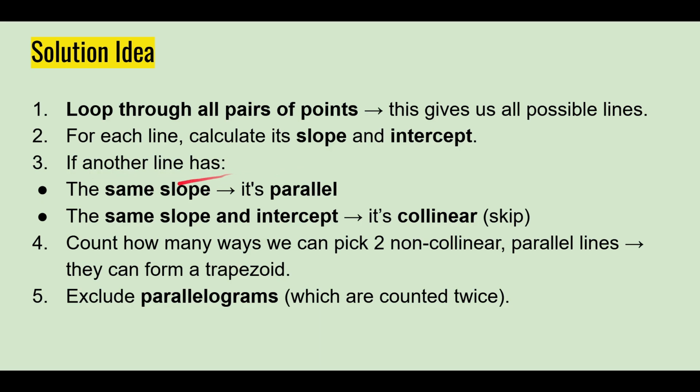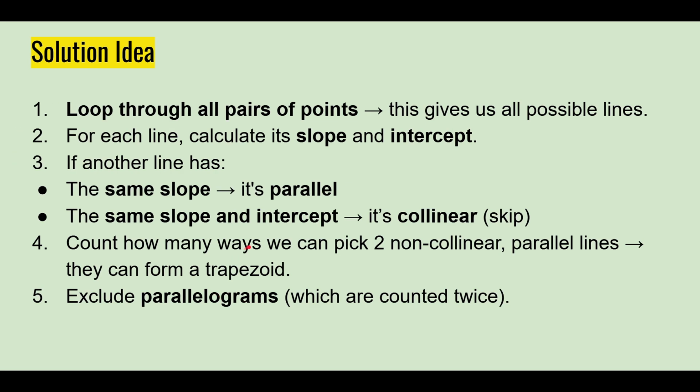If another line has the same slope, it's parallel, and if it has the same slope and intercept, it's collinear, right? Then we count how many ways we can pick two non-collinear parallel lines, which form a trapezoid, and we have to exclude the parallelograms. So let's understand the code and then we'll understand how to implement it.